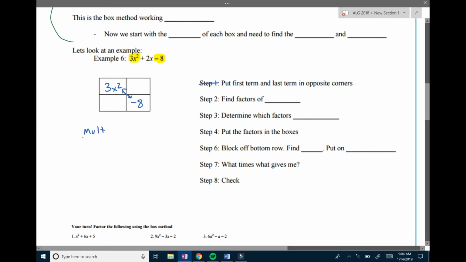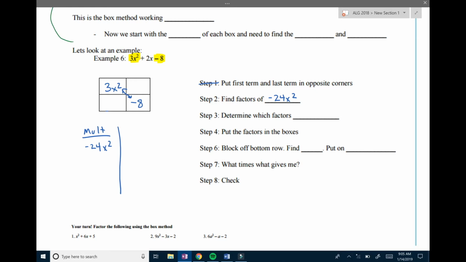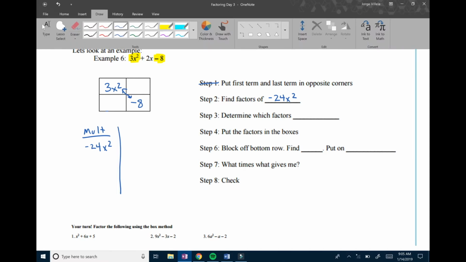So if I multiply those two, I get a negative 24x squared. Okay, so you're going to find the factors of negative 24x squared. And I usually like to separate them. Now, that's the second step, is just multiply the 3 times the negative 8, and we're going to determine what multiplies to negative 24.